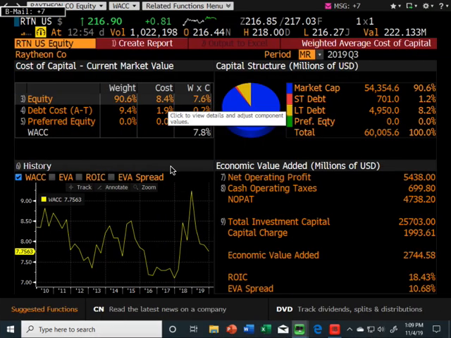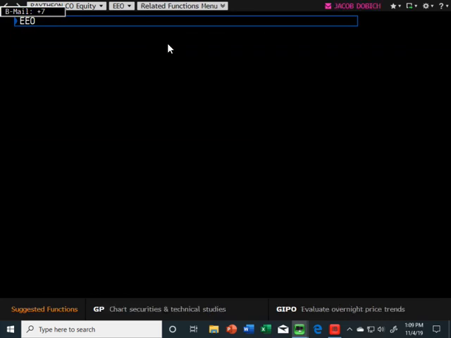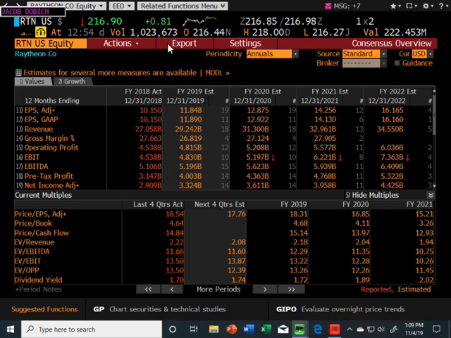Now, EEO. A lot of data on the screen. Second forward year. Count 1, 2. Estimate. First one, adjusted net income: $3,611,000,000. Okay? So we're going to use adjusted net income for our income because Bloomberg does an adjusted PE.